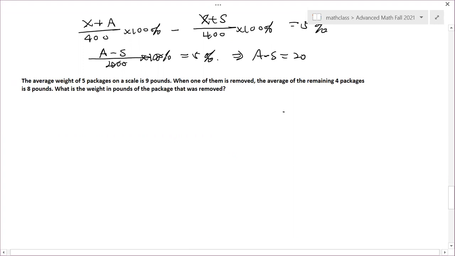The average weight of 5 packages on a scale is 9 pounds. When one of them is removed, the average of the remaining 4 packages is 8 pounds. What is the weight in pounds of the package that was removed?